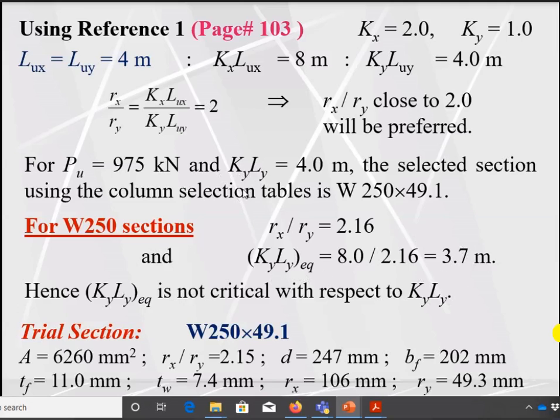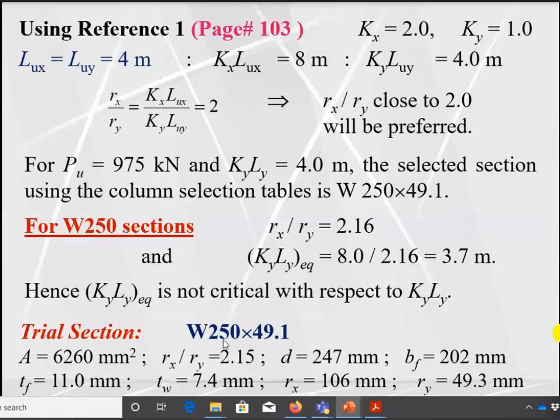For example, if our actual effective length about the y-axis is 4, and this answer is supposed to be 4.1, then you need to select a new section based upon KyLy equivalent. Hence KyLy equivalent is not critical as compared to the effective length about the y-axis. So we are not going to revise this section.